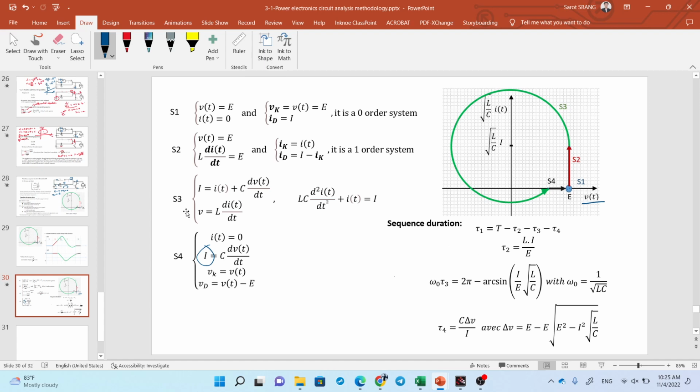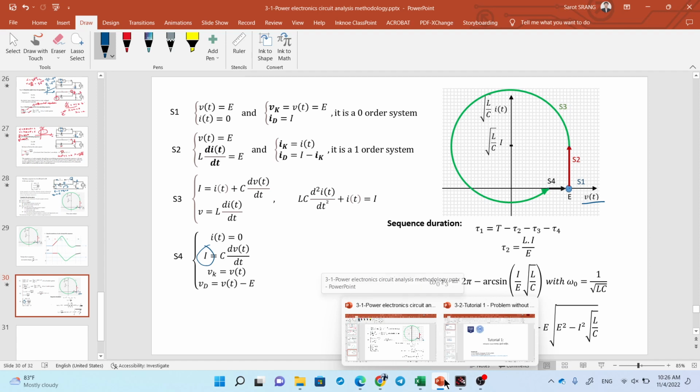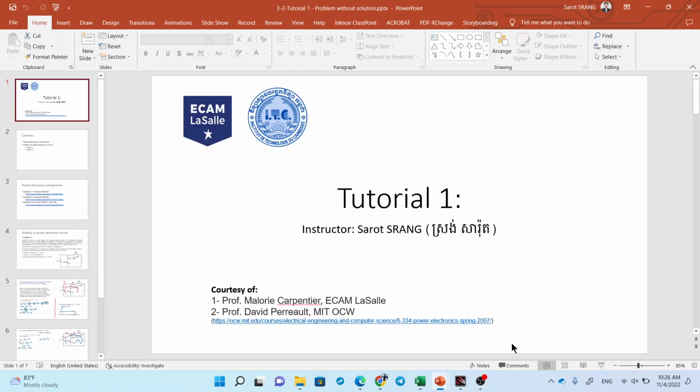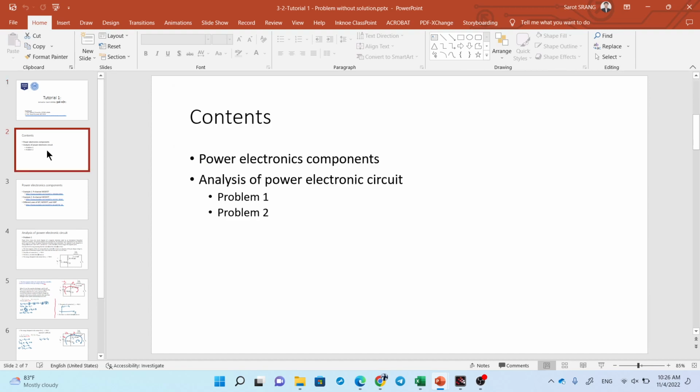Well, then next let's do one exercise, just to warm up your ability to analyze an electrical circuit, especially for power electronics. In this tutorial 1, there are 2 main parts actually.